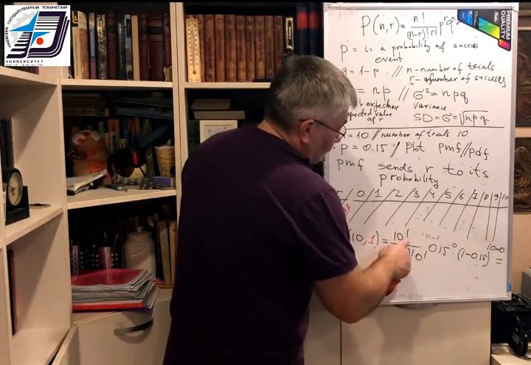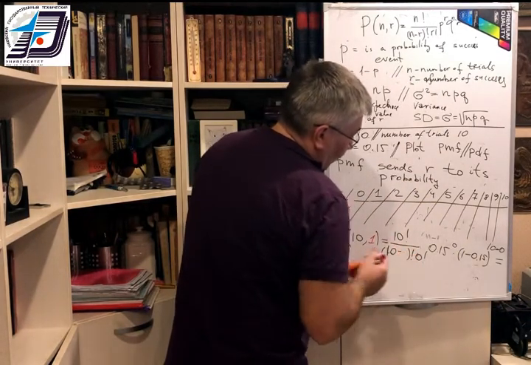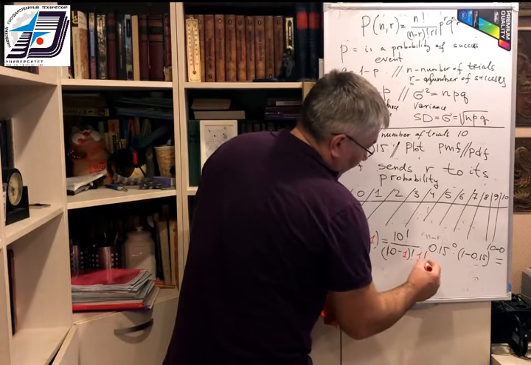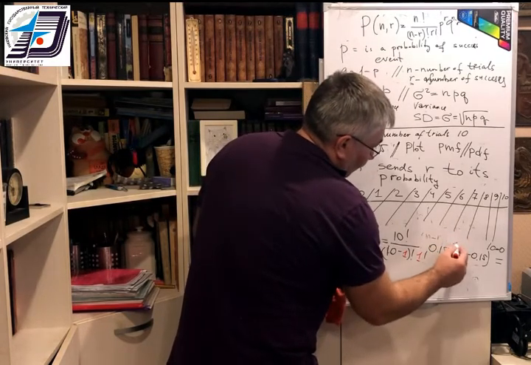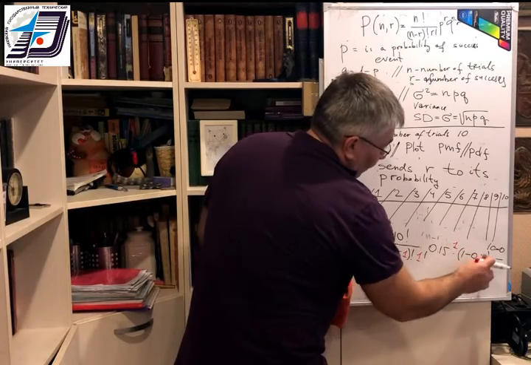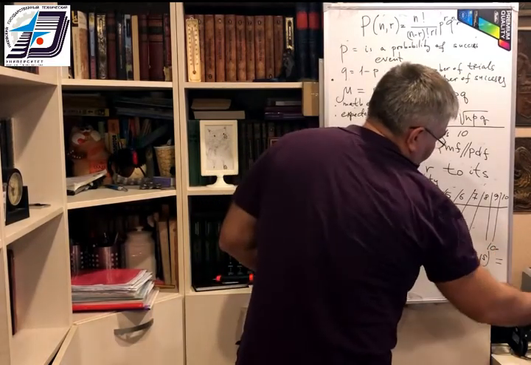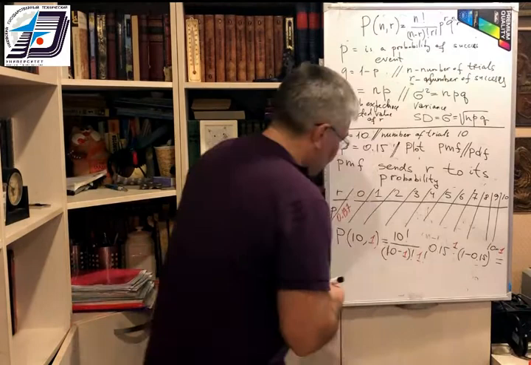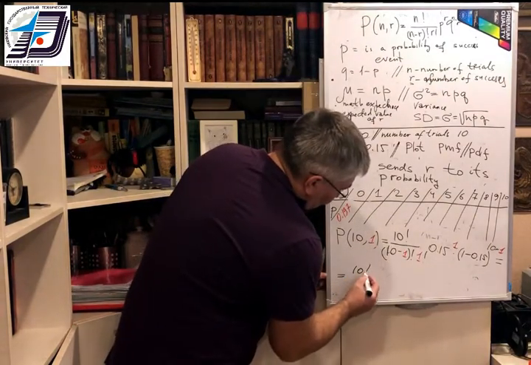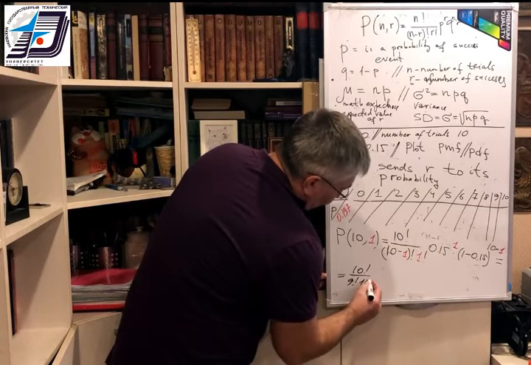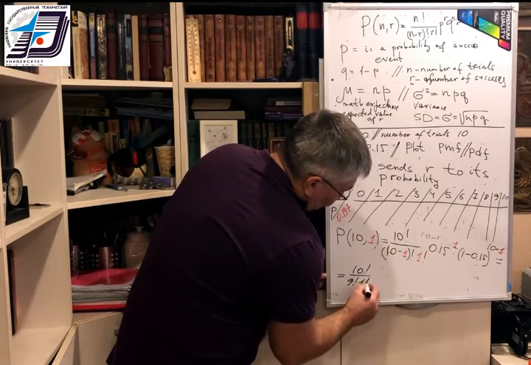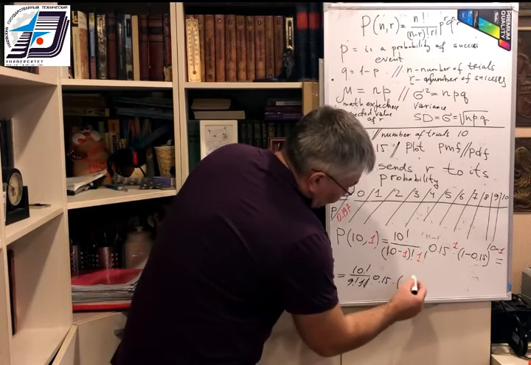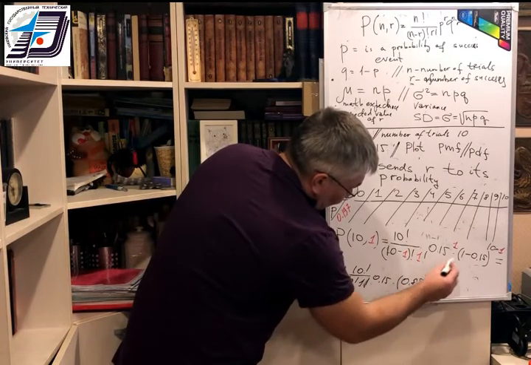I have 10 factorial over 9 factorial times 1 factorial, times 0.15 raised to power 1, times 0.85 raised to power 9.